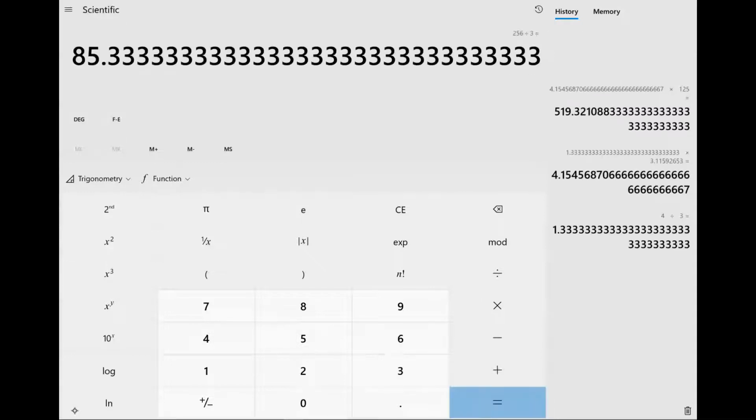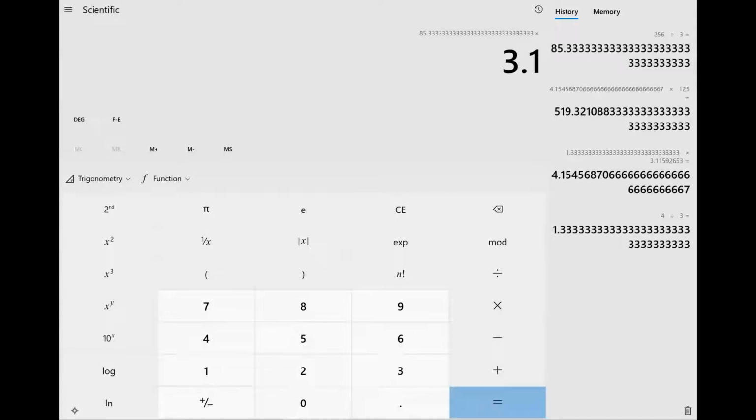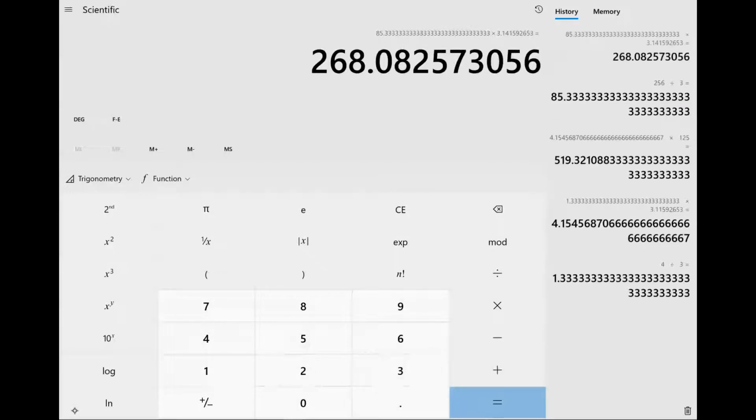So what's 256 divided by 3 times 3.141592653? So 268. So the original problem was 500 and something. Once you cut the hole, it's at 268. So you can see it's lost volume, obviously, right? It was a lot bigger.